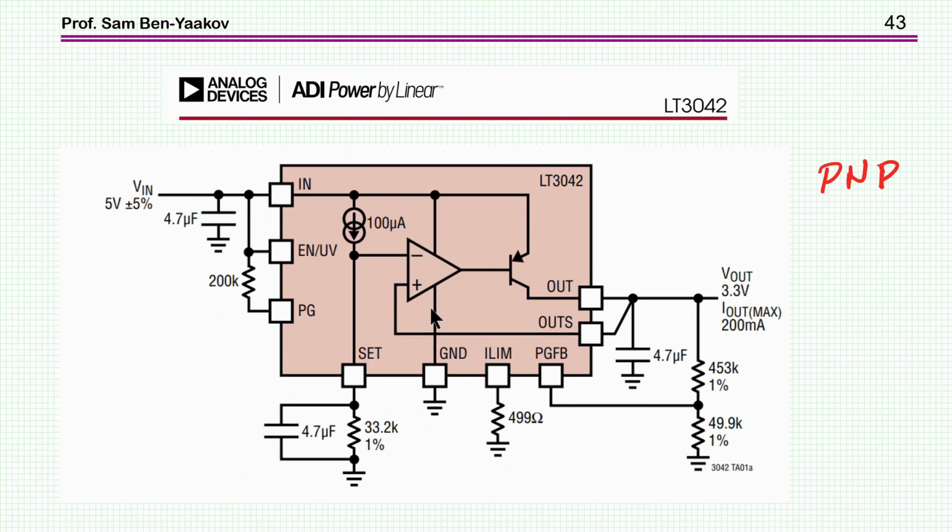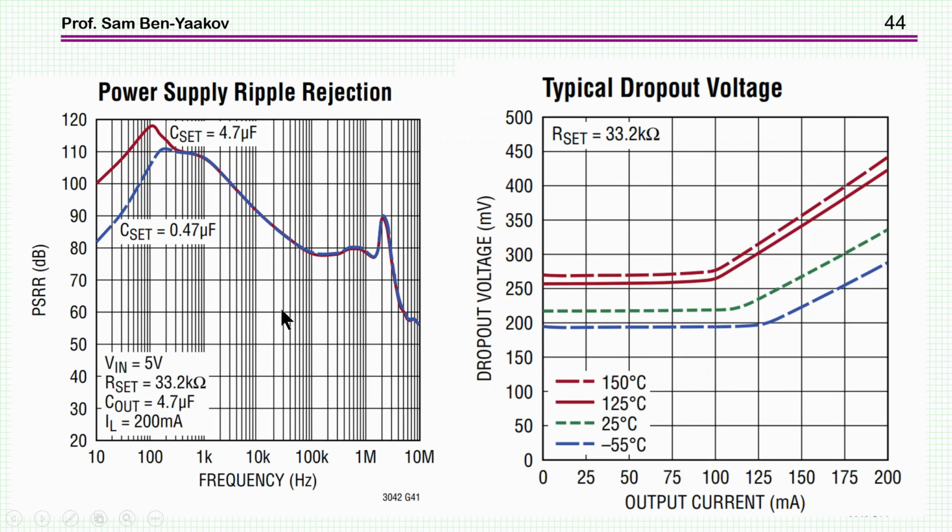And finally, this unit here, which I've just looked up, and here we have a constant current source, so that by putting a resistor you can adjust the reference voltage, so it's an adjustable reference here. It is a BJT transistor, PNP, so it's the worst case presumably, but if we look at the performance, it's really very impressive.